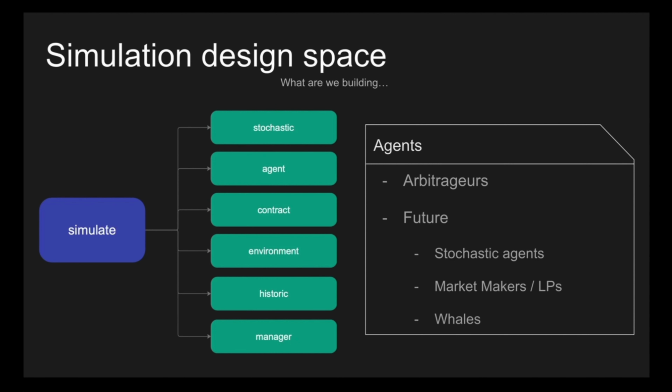Historic is a bit of a newer module for us that is going to let us interface with backtesting data, so historical data. And wrapping it all up, the manager is the god of everything here. It takes control of all the agents and the environment, and allows these 2 entities to work together and to actually run simulations like you just saw with our example.